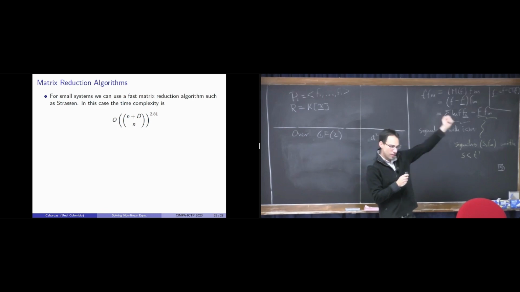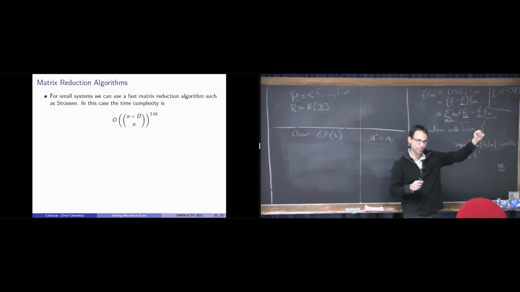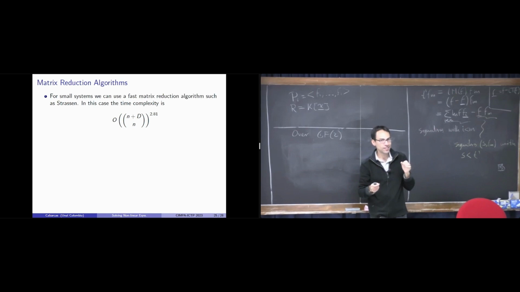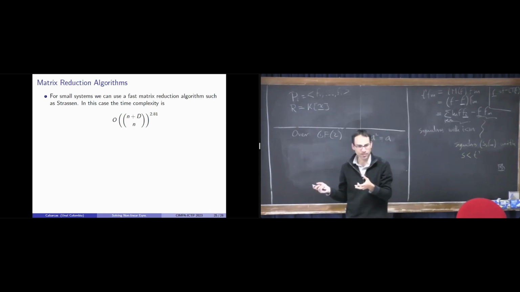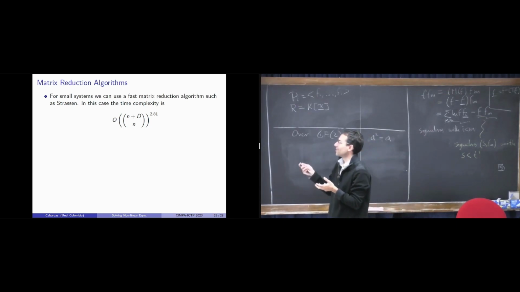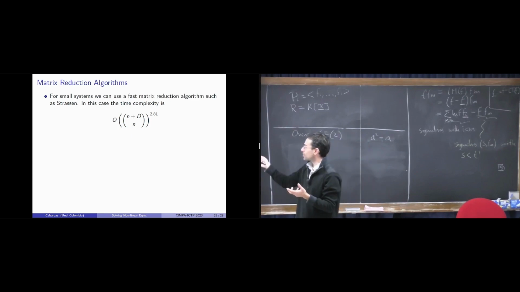But suppose we know what degree you have to go up to, then we know how many monomials there are, and then the bottleneck is doing Gaussian elimination on that matrix. And we have good algorithms to do that, like Strassen. And then the complexity of the whole process will be dominated by this step.